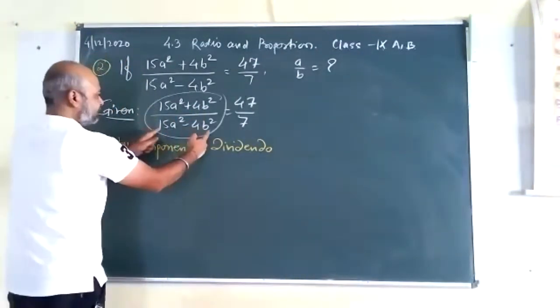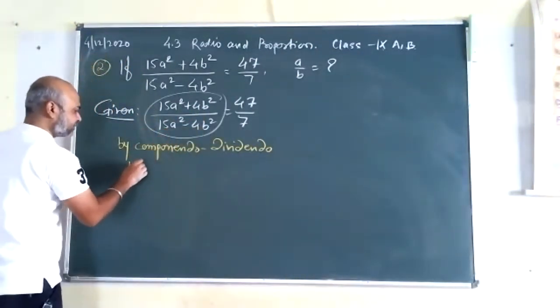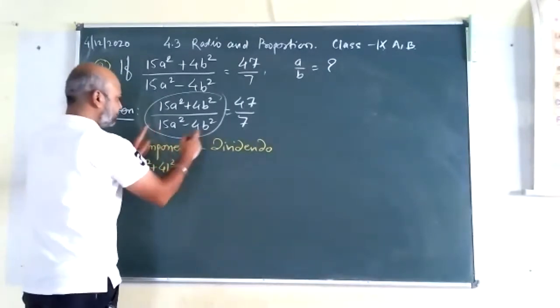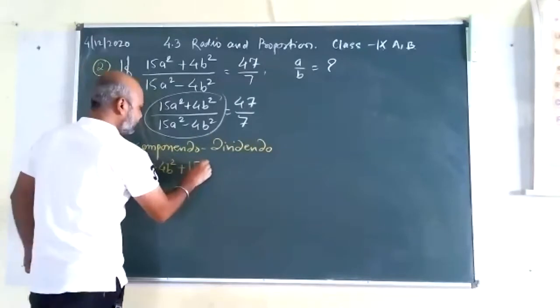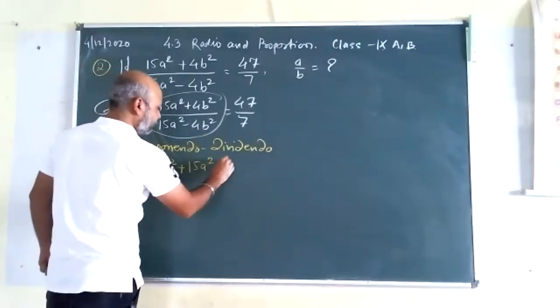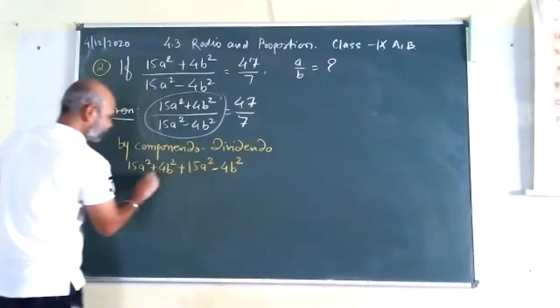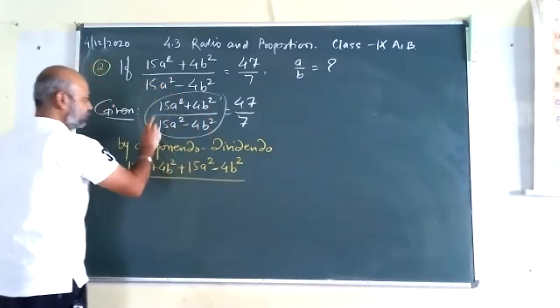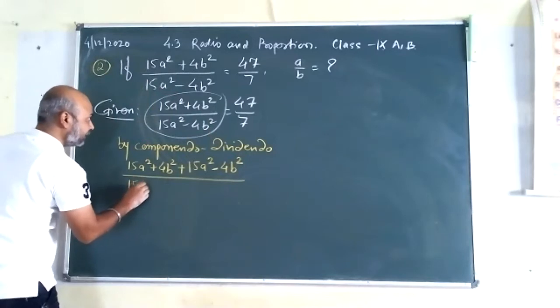So this plus this. So I'll write 15A square plus 4B square plus this part, plus 15A square minus 4B square, and divided by this minus this.